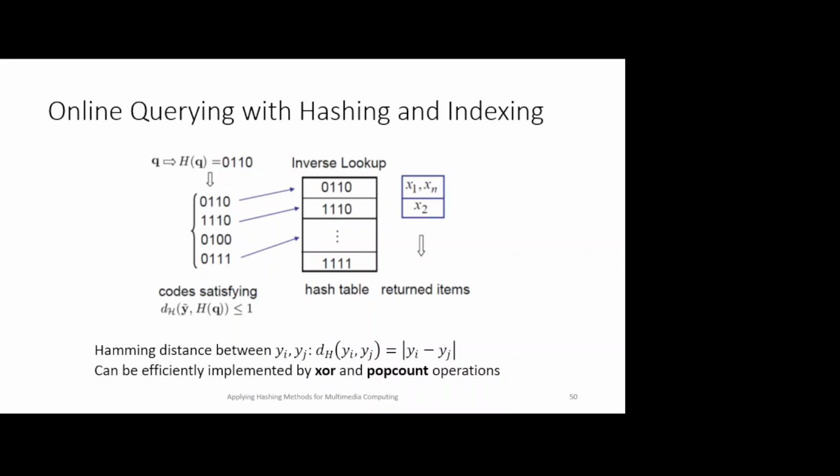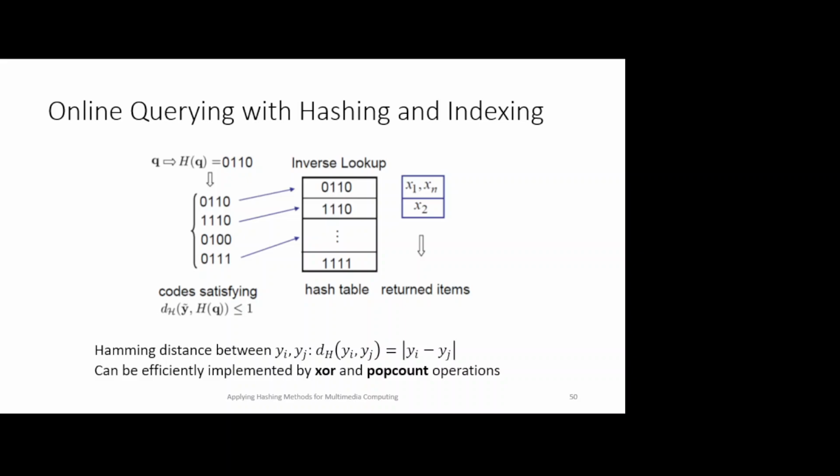Then to do the search, you can use this way to easily find your possible candidates, your nearest neighbors. If you have a query Q, we apply the same hash function to generate its hash code, and we use this hash code to find candidates.